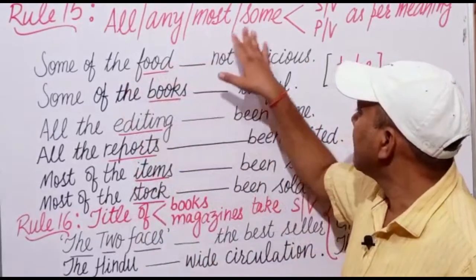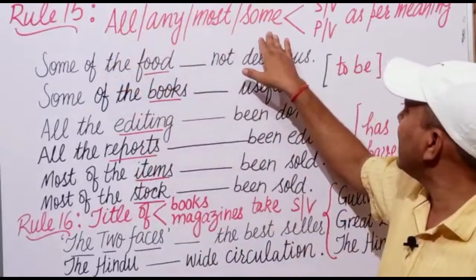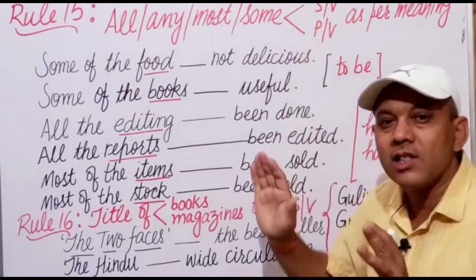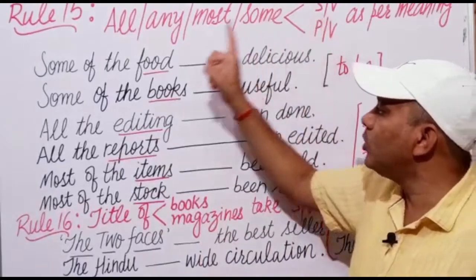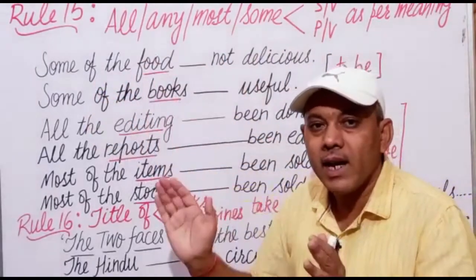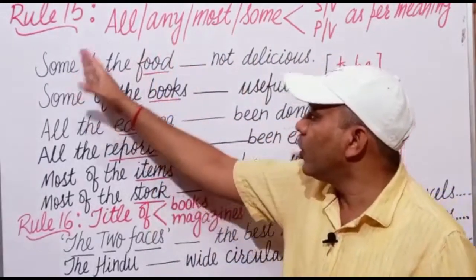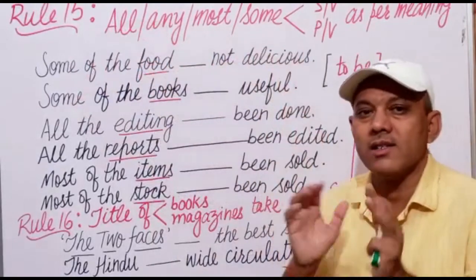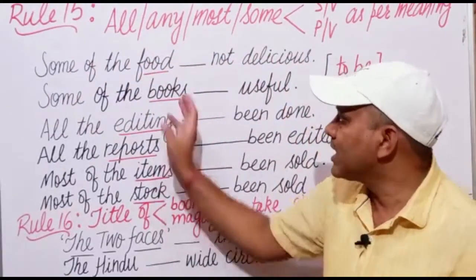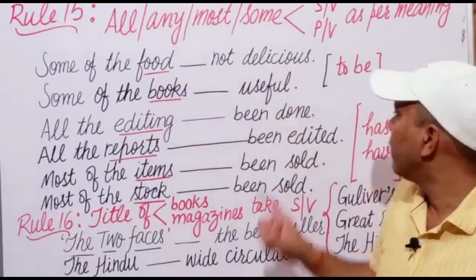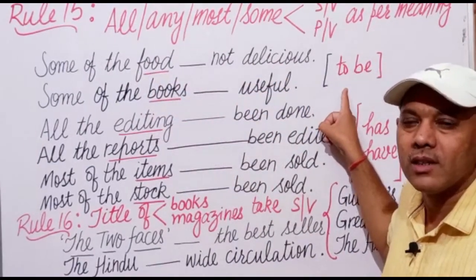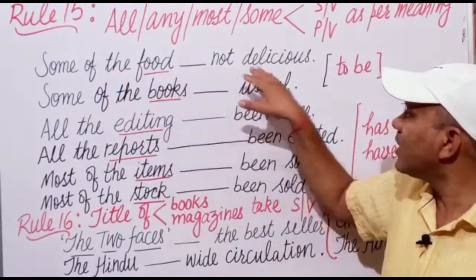If these words are there, we can use either singular verb or plural verb depending upon the meaning or depending upon the noun followed by these words in the sentence. For example, some of the food dash not delicious, fill in the form of to be. Some of the food is not delicious.